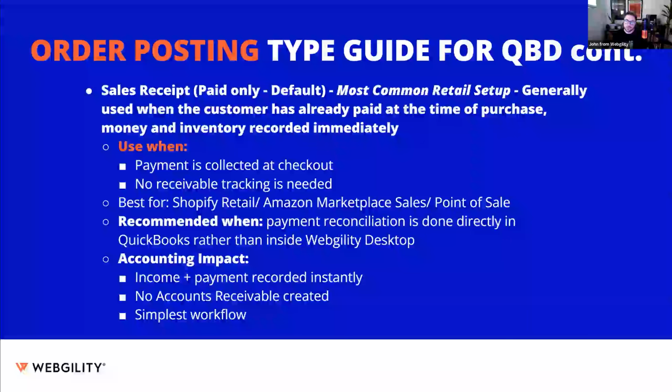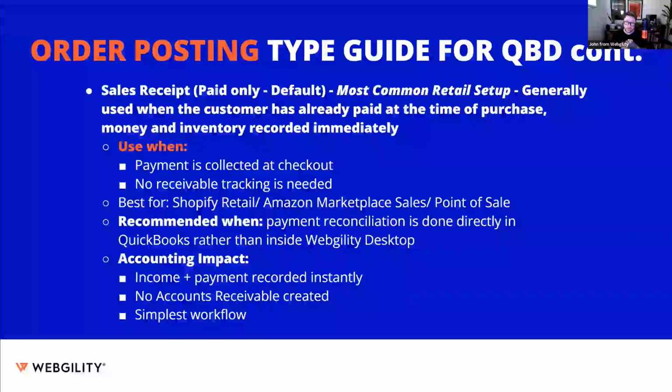The good thing about sales receipts is that all of the information that comes with that order gets posted immediately when the sales receipt gets posted. So things like the inventory get deducted from QuickBooks immediately. The payment processing fees, any of the additional fees that come with that order on the sales receipt all get posted alongside of it. So this is especially useful when payment is collected at checkout, when you don't need accounts receivable tracking.